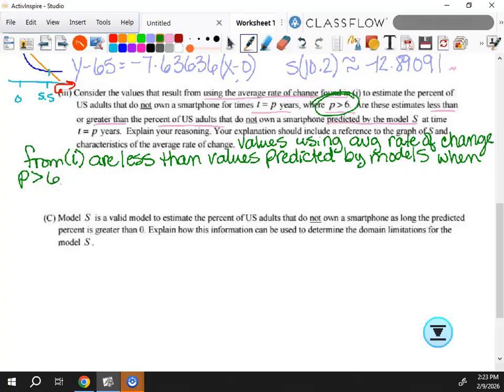Now we have to explain why. It says, explain your reasoning. Your explanation should include a reference to the graph of S and characteristics of the average rate of change. If I'm going to talk about my average rate of change with a graph, what would be very helpful to have written down?